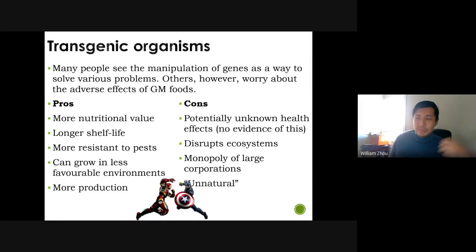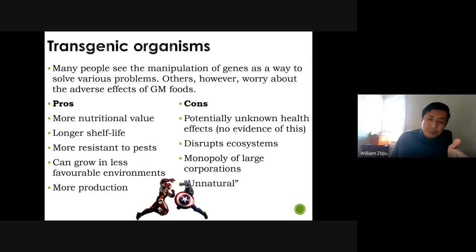If you grow up on a diet of pure GM food, we don't know what effect that would have like 40 years later, because you can't do a study for 40 years. So we don't know. Okay, but the short-term effects are no problem. It is completely safe to consume them. That's why it is legal for companies to not tell you it is GM, because it's not going to affect your health anyway. What about the other cons?